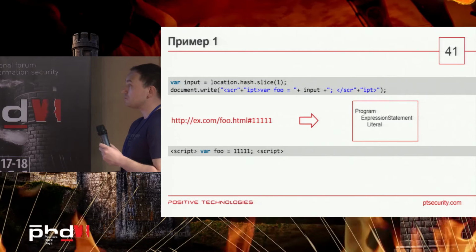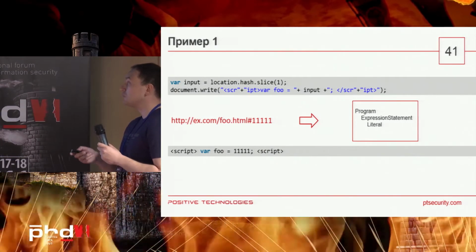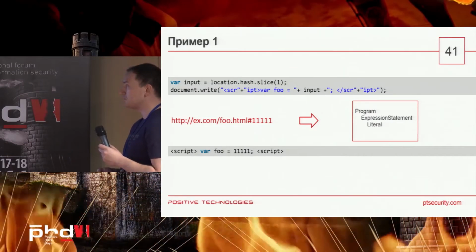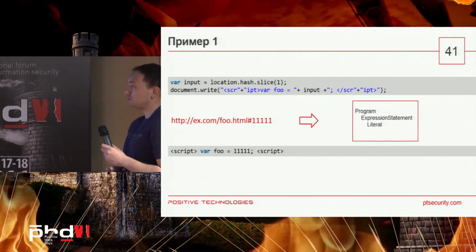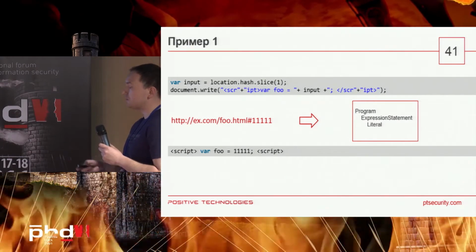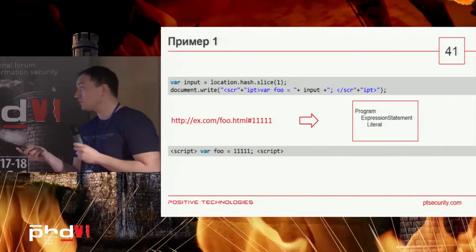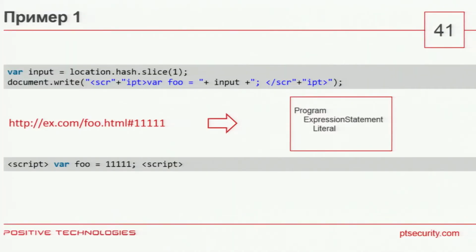This concept is illustrated in the following example. The input data gets into the script context. Everything that the user has entered will be executed directly. If they enter four ones, then the AST tree for this string will contain such nodes: program, expression, statement, and literal. Literal will have the value of four ones.